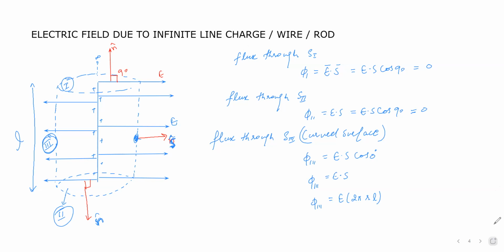And now, what is the total flux? Total flux, this is your phi equal to phi 1 plus phi 2 plus phi 3. Phi 1, phi 2 is 0. Phi 3 is E into 2 pi RL. Okay.